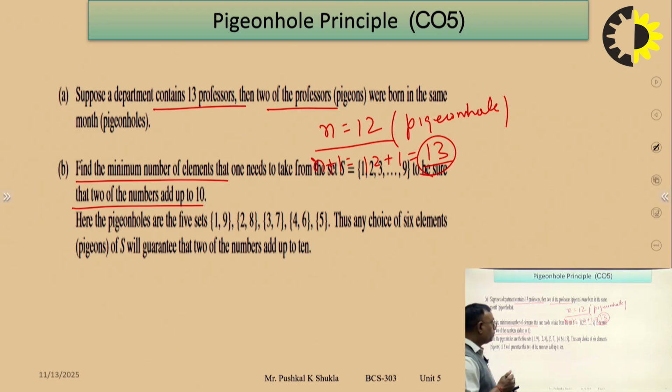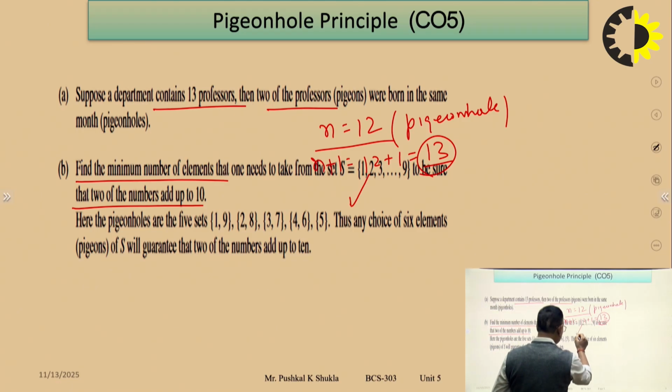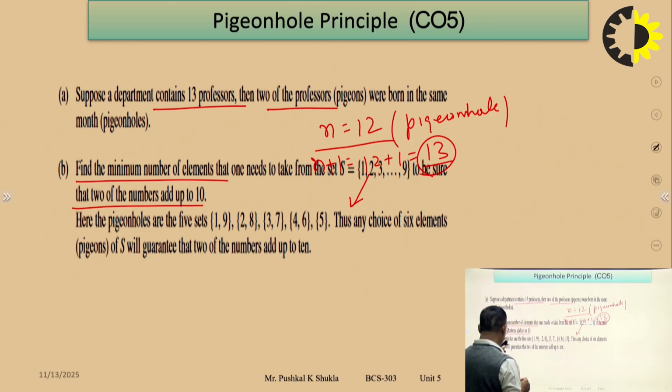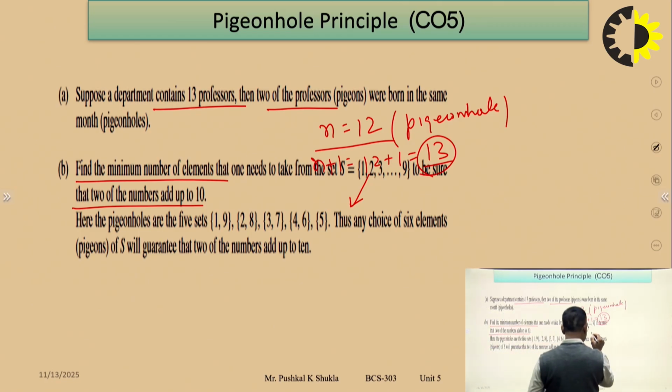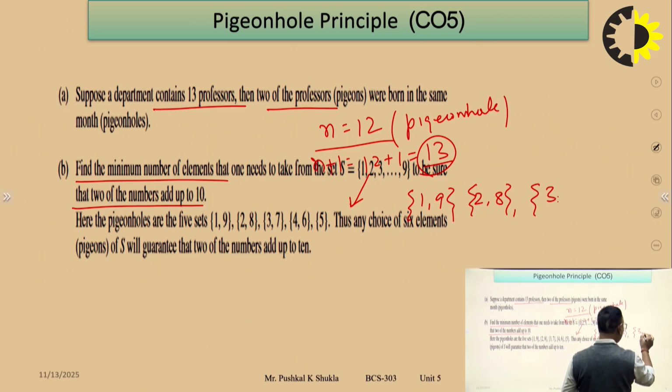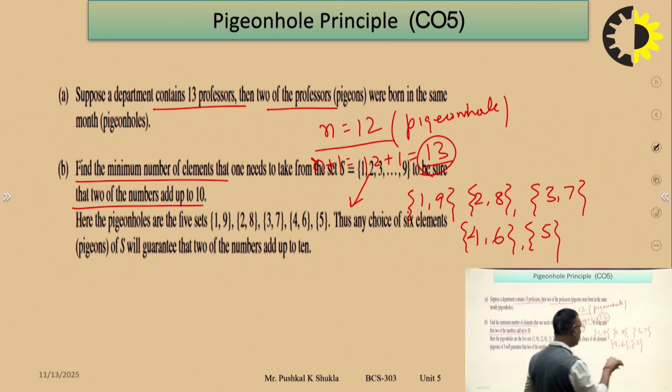So the pigeonholes are 1 and 9, 2 and 8, 3 and 7, 4 and 6, and 5. So there are 5 pigeonholes.